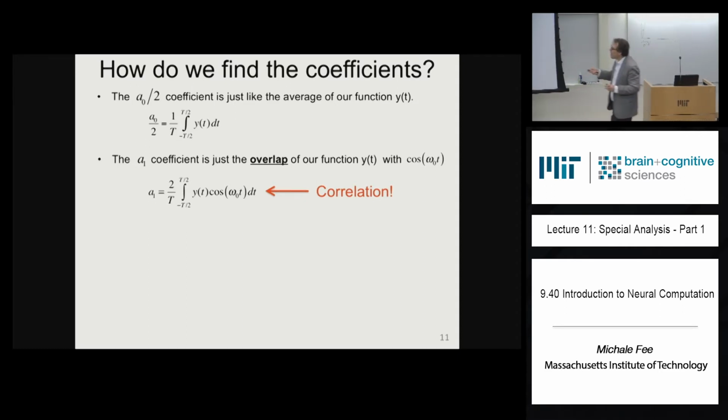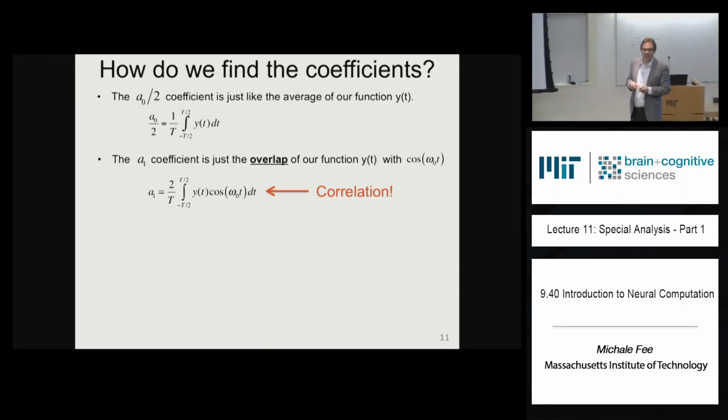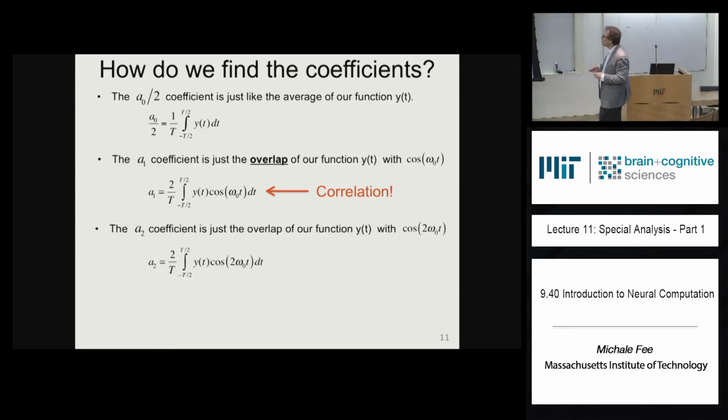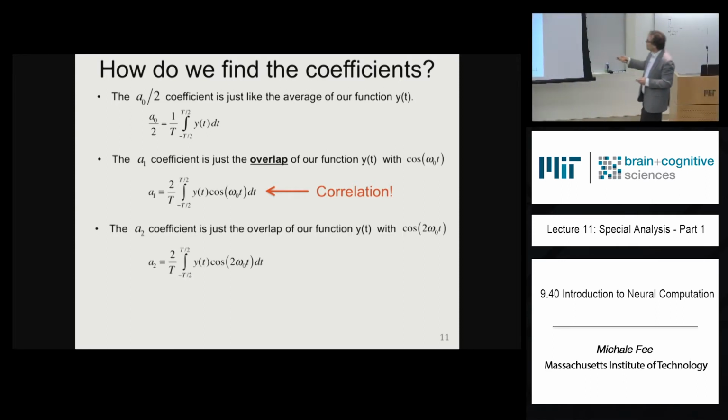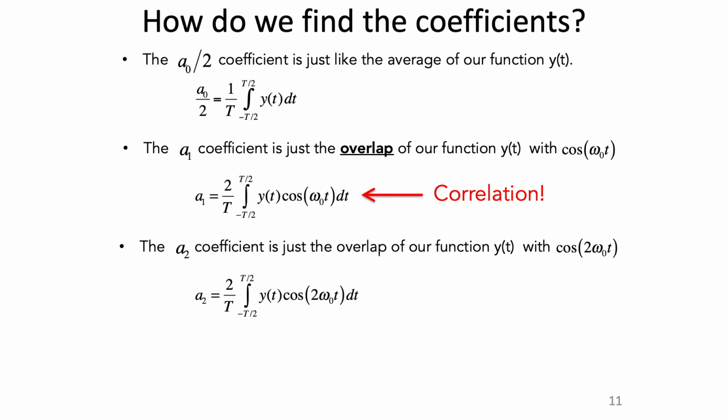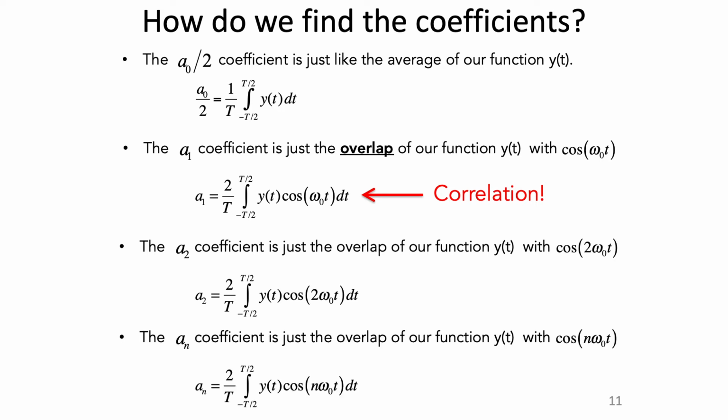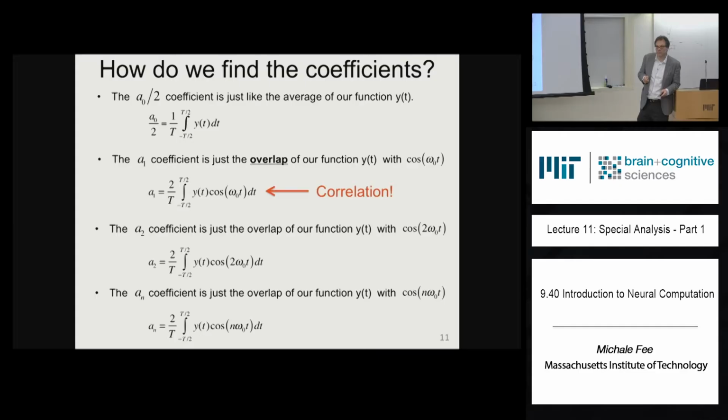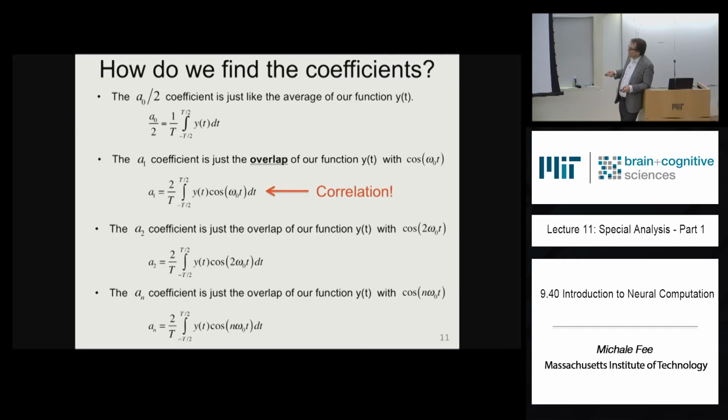And we're asking how much overlap is there. Okay? The a2 coefficient is just the overlap of the function y with cosine 2 omega naught t. And the a sub n coefficient is just the overlap with cosine n omega naught t. Okay? Just like that.